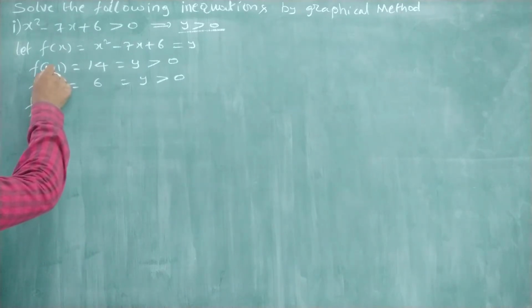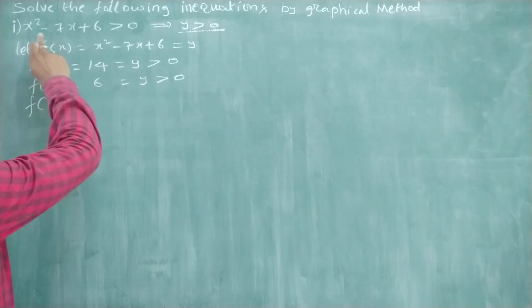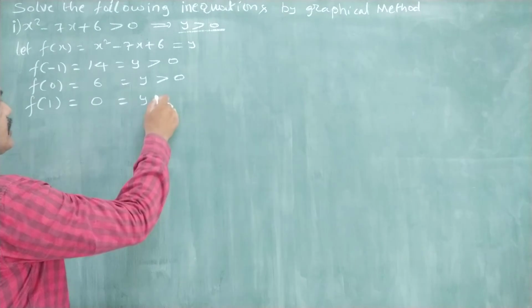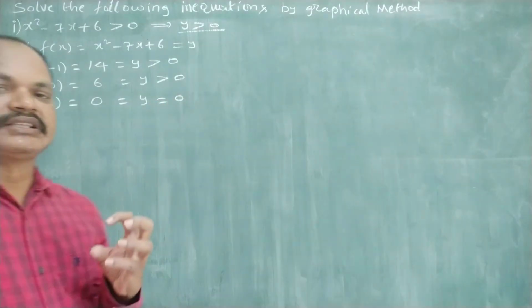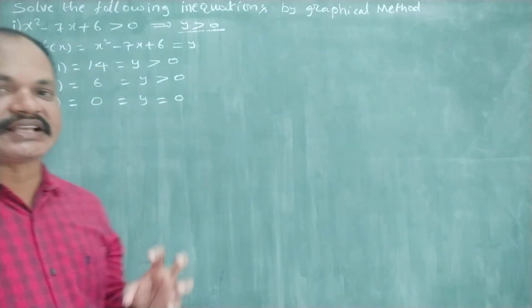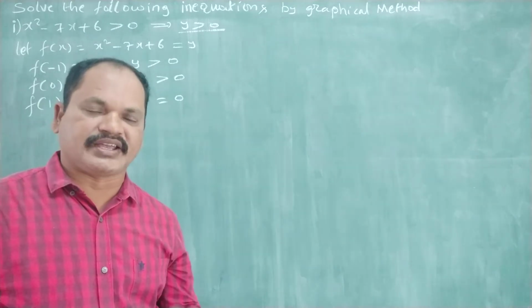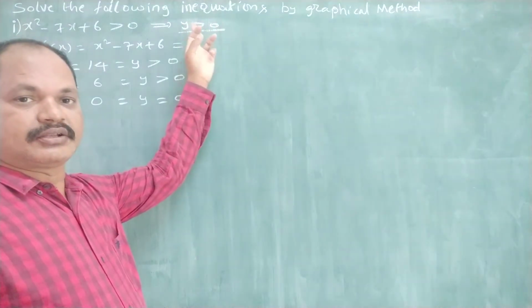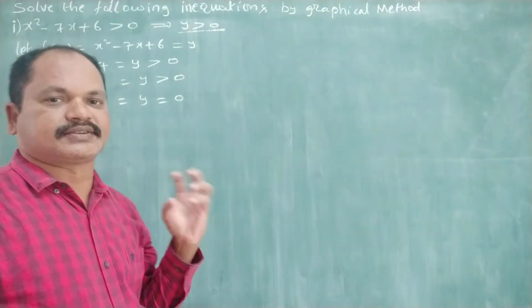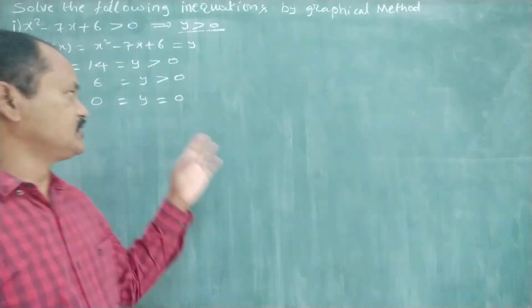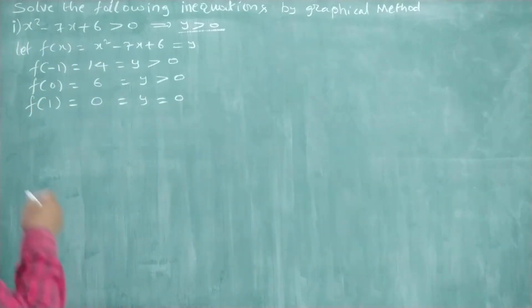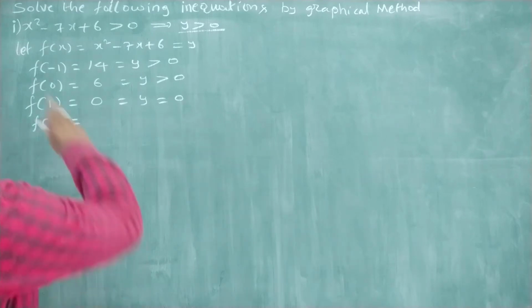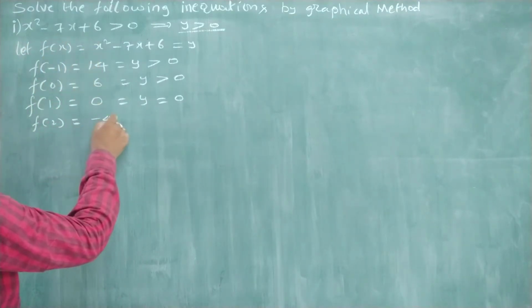Now f of 1, that is 1 minus 7 plus 6, that is 0. So y is equal to 0. That's why 1 is not satisfying the inequation such that y greater than 0. Are you clear? Now f of 2 is 4 minus 14 plus 6, that is minus 4.